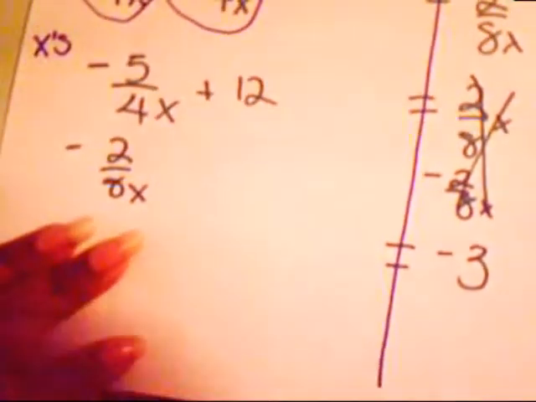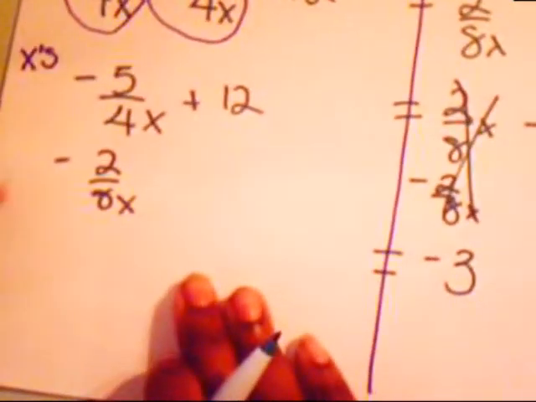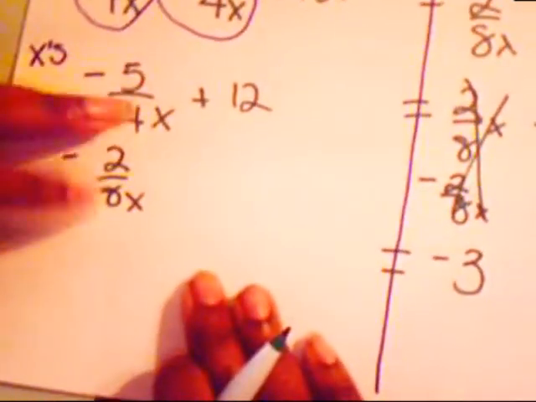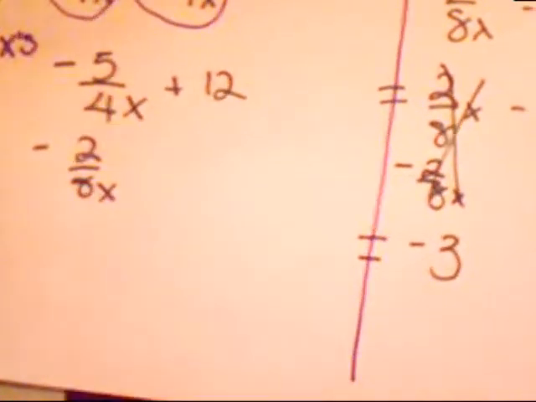And on this side, we're in the same predicament as we were in before. I want to combine these two fractions together, but I can't because the denominators aren't the same. You can only add and subtract fractions together when they have like denominators. So let's go back over to the green paper and let's figure out which fraction is better to convert. I've got negative 5/4.